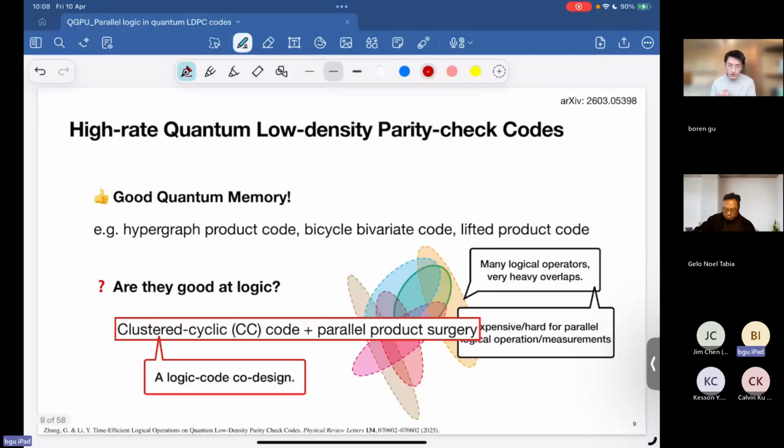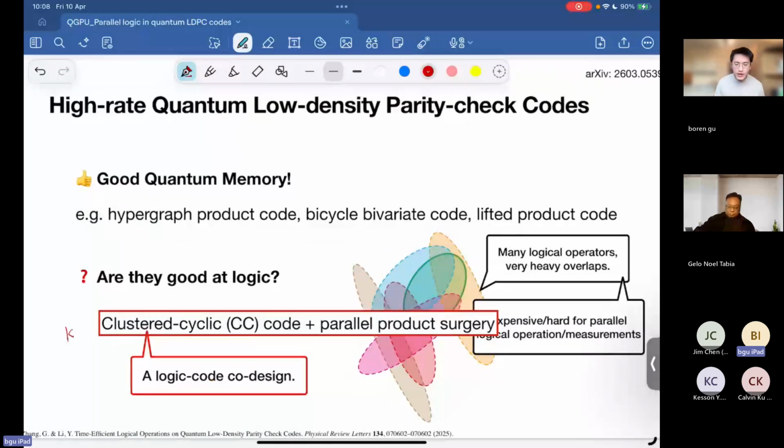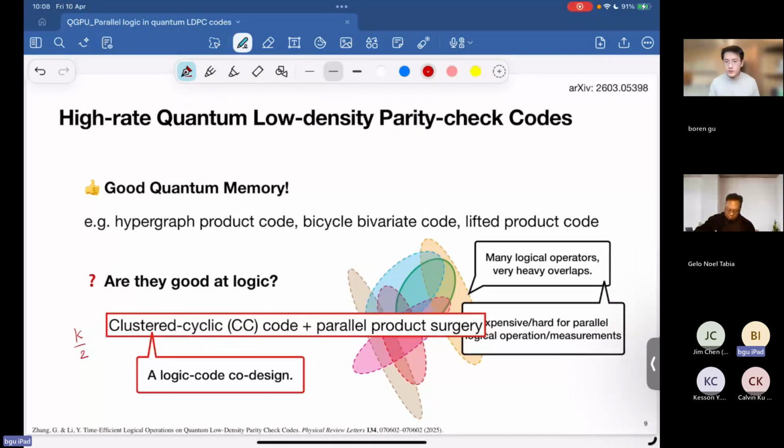With this logical-code co-design, if we have k logical qubits, we are able to realize k over 2 disjoint logical pair measurements in the same surgery round. I'll explain the terms one by one later on. This is naturally the upper bound you can get for k logical qubits, because you just partition them into pairs.